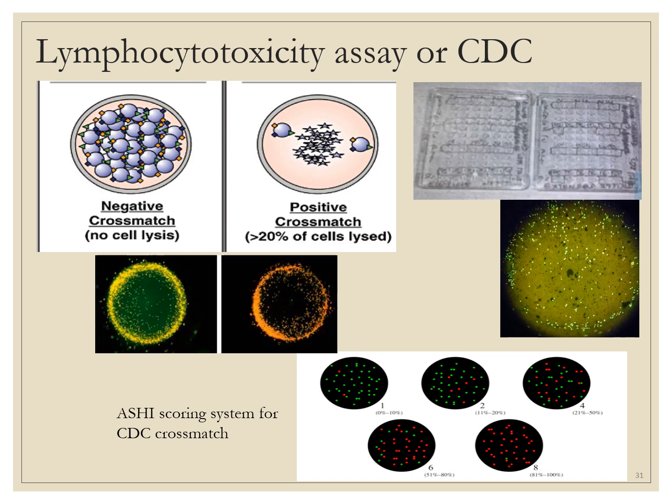Dead cells will look like this, and alive cells will look like this. ASHI has a specific scoring system for the CDC crossmatch, which you can see down here. If there's 10% or less dead, you call that a 1. If there's greater than 81% dead, you call that an 8.